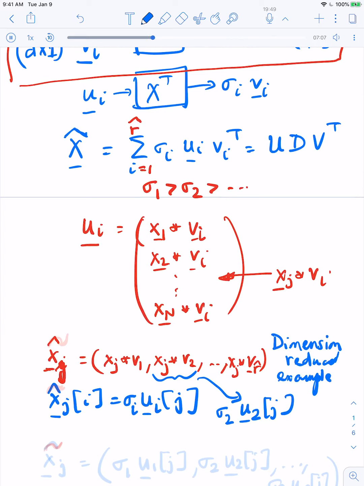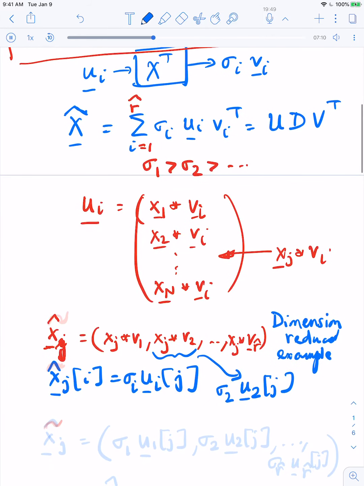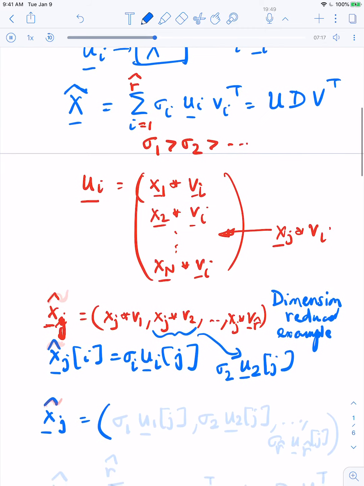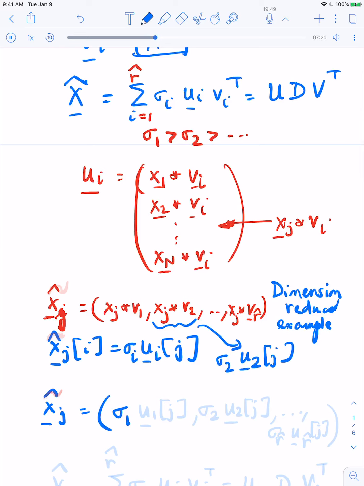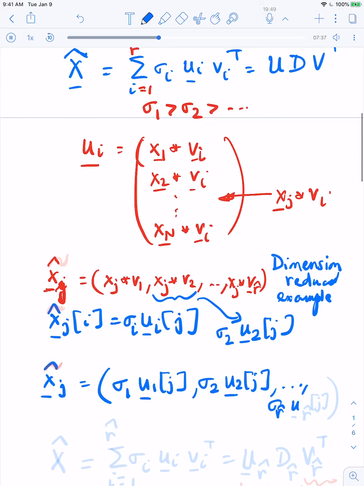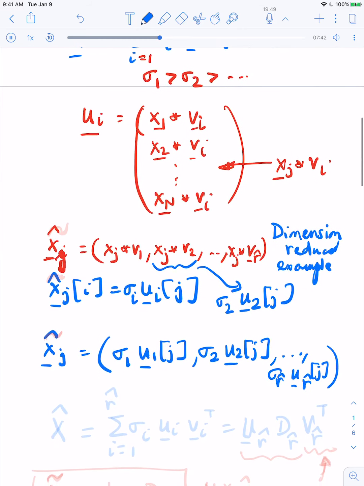So basically, let me write it down again. X hat j is sigma 1 times U1, the jth entry of that, sigma 2 times U2, jth entry, and so on up to sigma r hat times U r hat, jth entry.